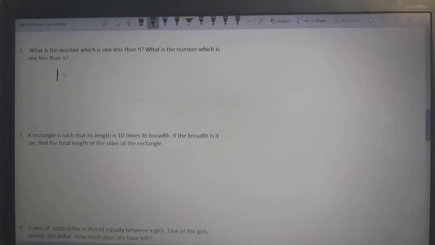So I'm going to say this is our first case. The number equals what? What number do you think is 1 less than 9? It's simple. The number is simply 8.